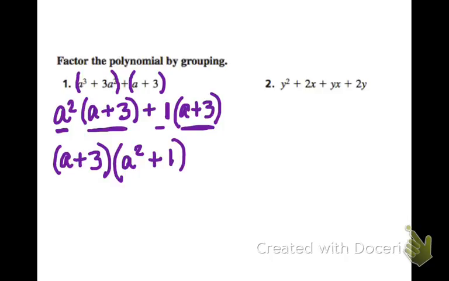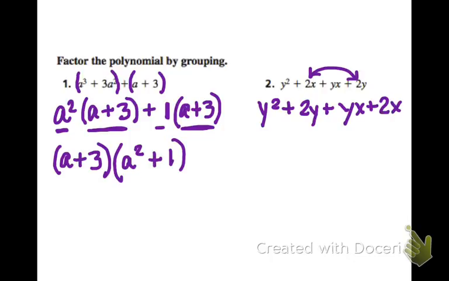Let's try 2. First, we're going to have to rewrite so that we could group things together, because I can see the first 2 terms, y squared and 2x, do not have a common factor. But the y squared has a common factor with the xy and with the 2y. But if I go ahead and rearrange the terms and rewrite it to be y squared plus, and I'm going to kind of switch these 2 terms right here, 2y plus yx plus 2x.